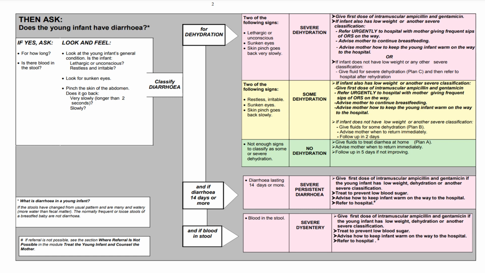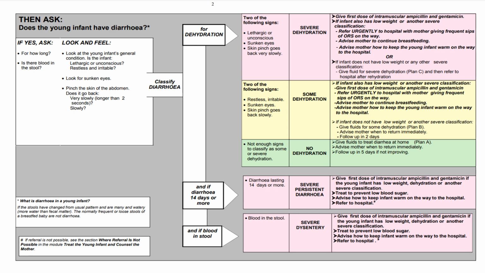If there are 2 of the following signs: restlessness, skin pinch going back slowly, sunken eyes, we classify it as some dehydration. We advise in a similar way and follow up after 2 days. If there are not enough signs to classify as any of these, we mark it as no dehydration.